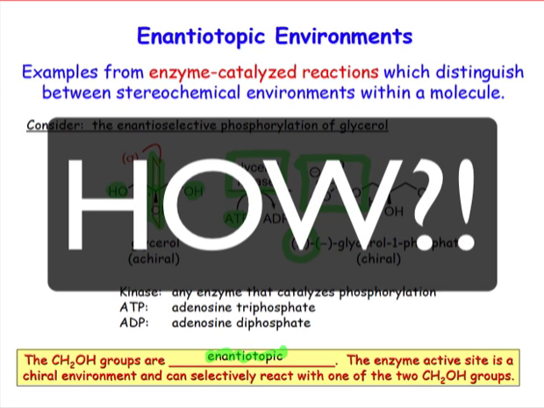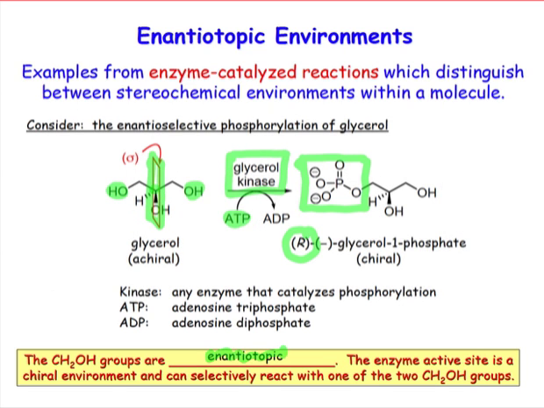How is a chiral enzyme, or more generally a chiral object, able to distinguish enantiotopic groups? Well, in the last webcast, we saw how a chiral aldolase enzyme could distinguish the enantiotopic faces of a nucleophile and electrophile. Distinguishing enantiotopic groups follows the exact same principles.